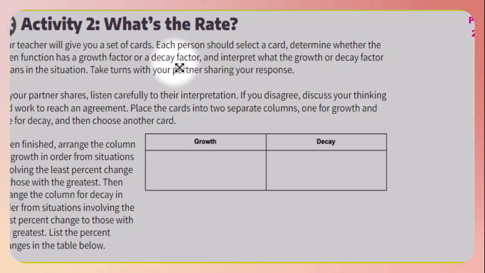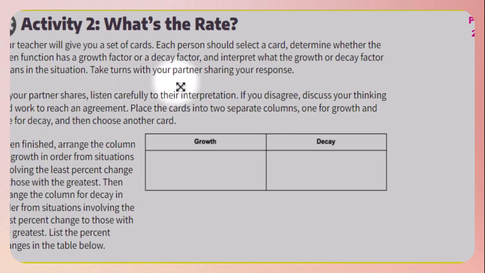I'm going to give you those cards in pairs, and each person, you and your shoulder partner, should select a card and determine whether the given function has a growth factor or a decay factor, and then talk about and interpret what the growth or decay factor means in the situation of the problem that you're given.